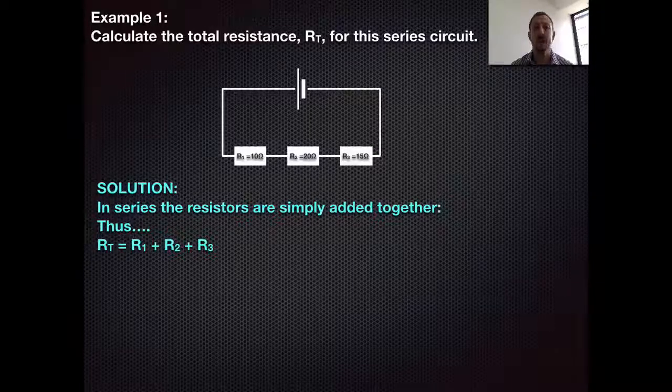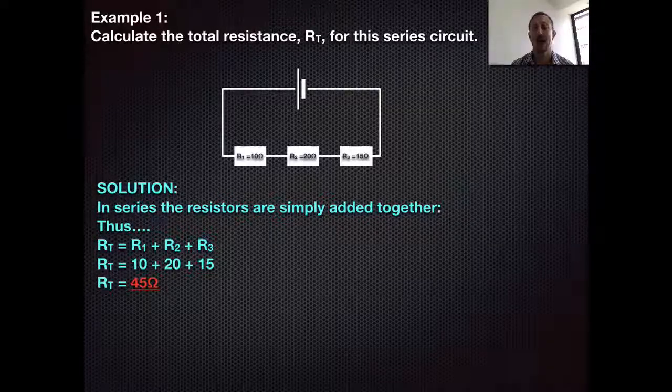So RT equals R1 plus R2 plus R3. I'm combining those 3 resistors to make one overall resistor, which will produce a single current. So RT equals 10 plus 20 plus 15, which gives RT equals 45 ohms. Simple.